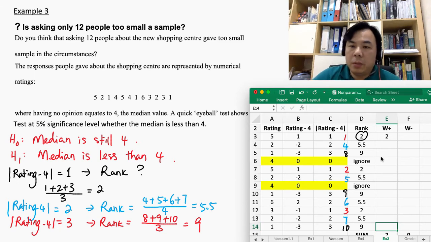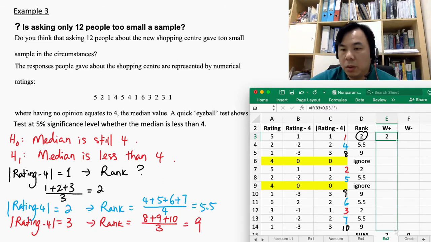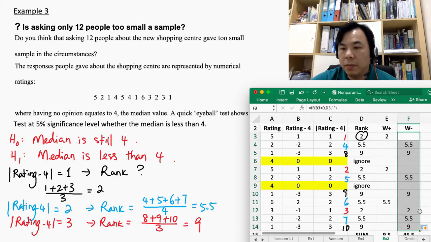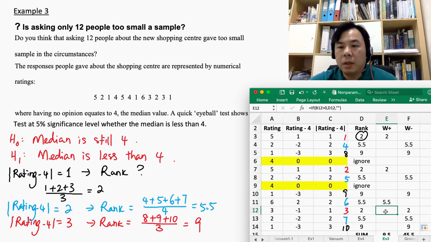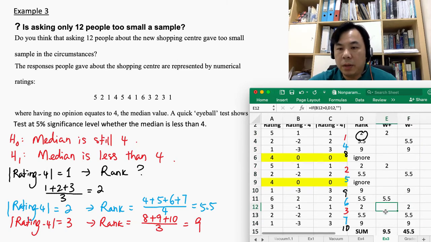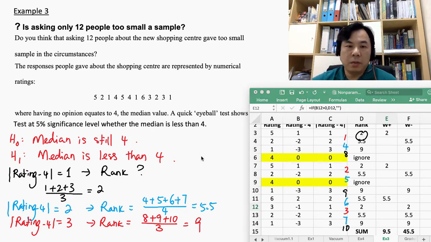And after that, we're going to proceed by partitioning, separating all the ranks above and below. So we're going to go through the same procedure again. This is what we have. And then by summing up the ranking, we found out that this is what we have. I'm going to write it down on top here. Sorry for the organization.